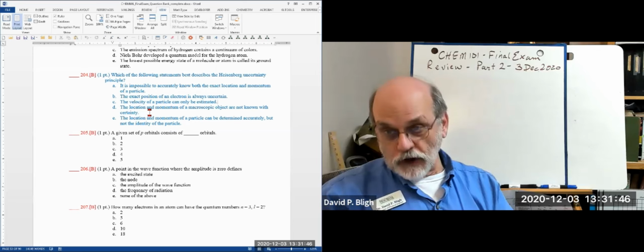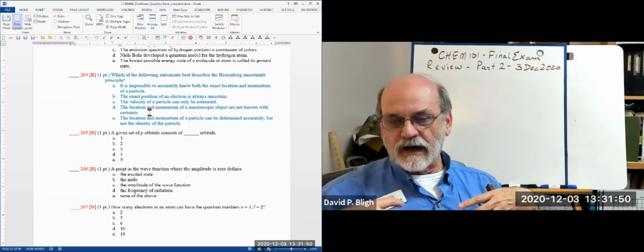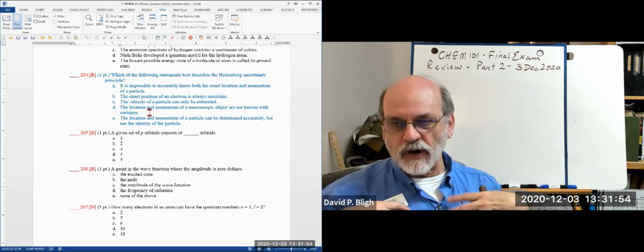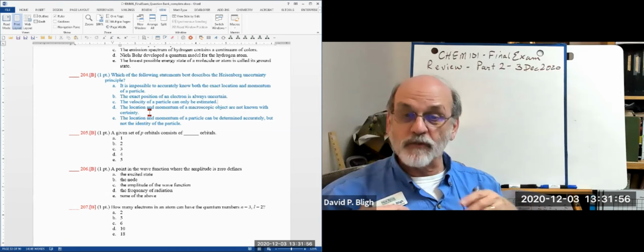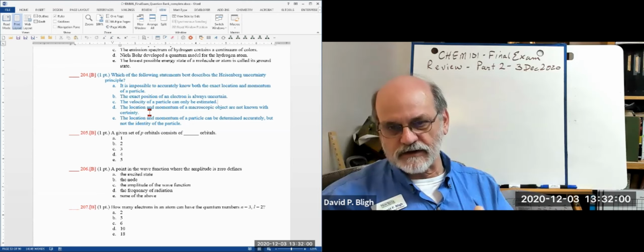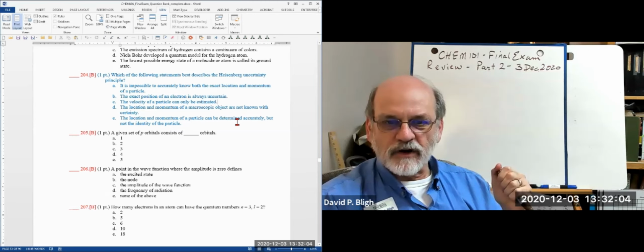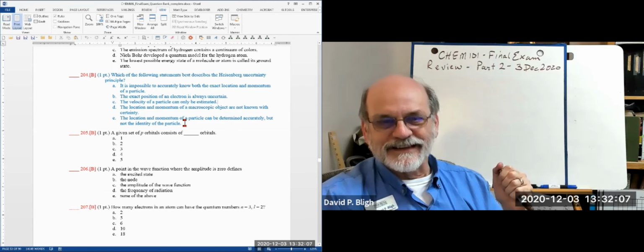Even though it's true for larger masses like my body, the uncertainty is such a small component that I can know both my velocity and my position with reasonable accuracy. The location and momentum of a particle can be determined accurately, but not the identity.